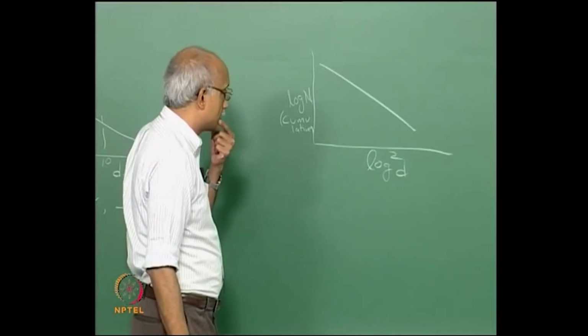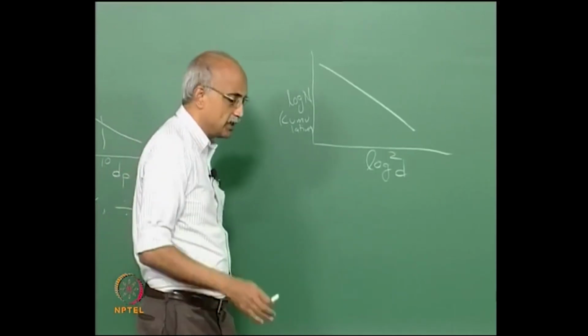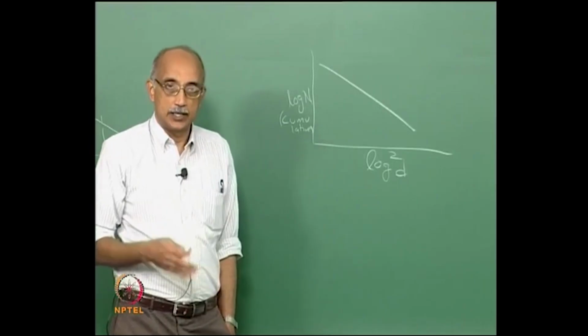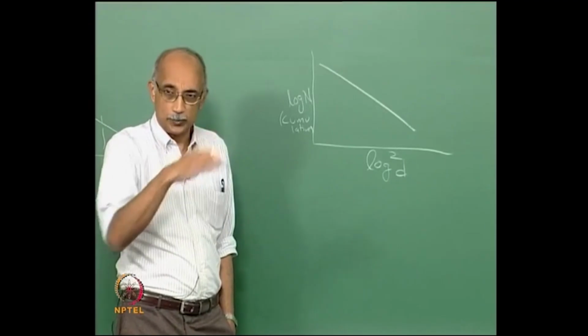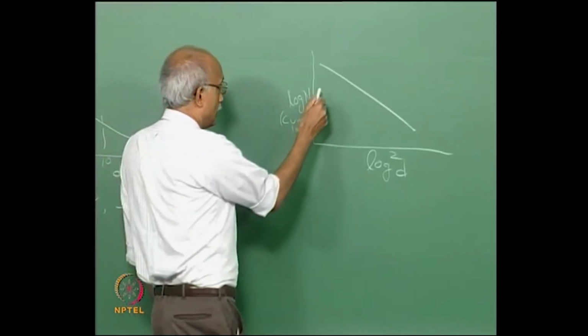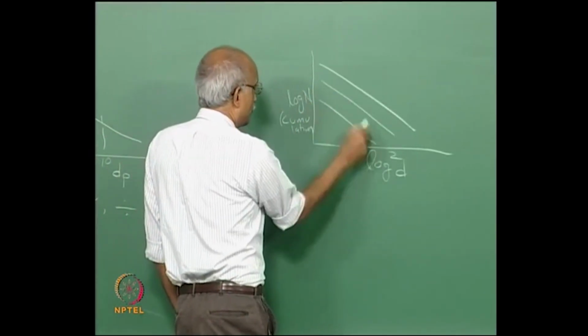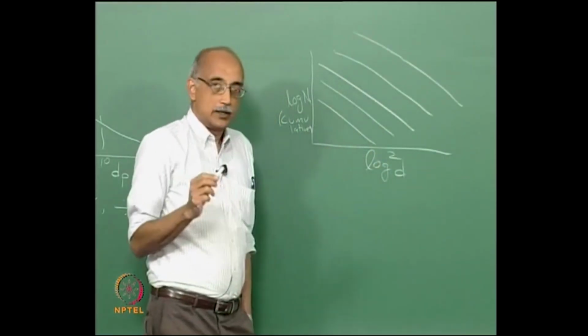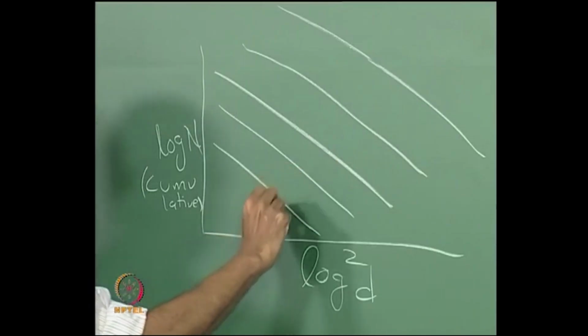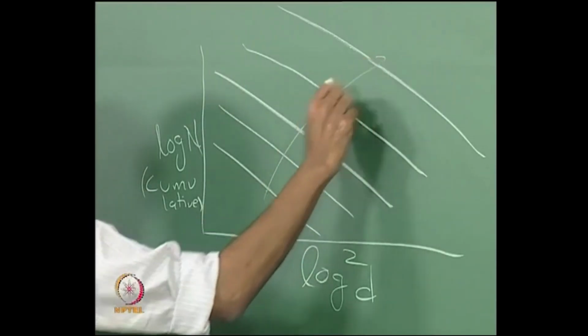And it turns out that depending on how dirty or clean the environment is, this absolute count can vary, but the slope remains the same. So, you can have a family of these parallel lines, where each of these lines, obviously as you go up, is getting dirtier.